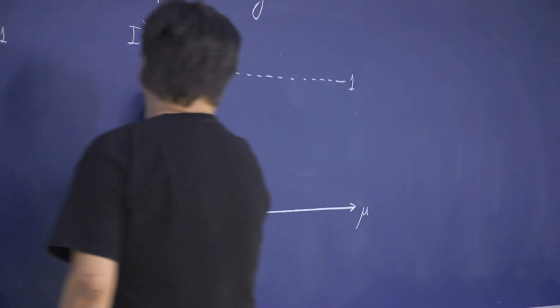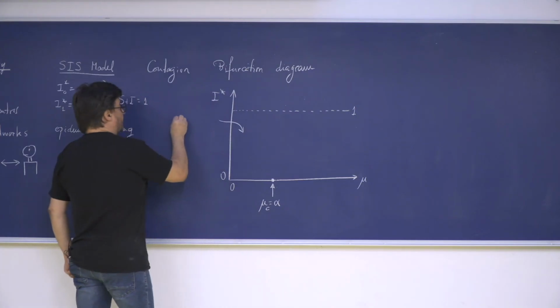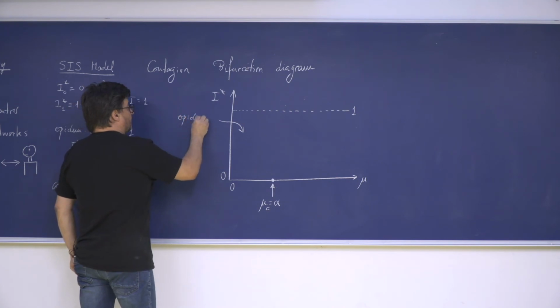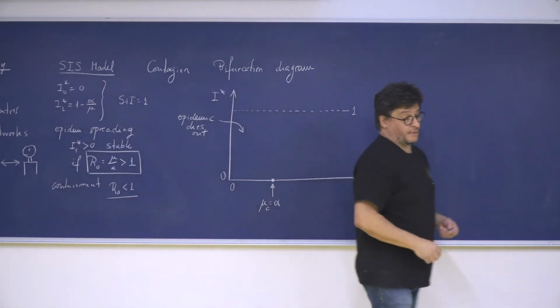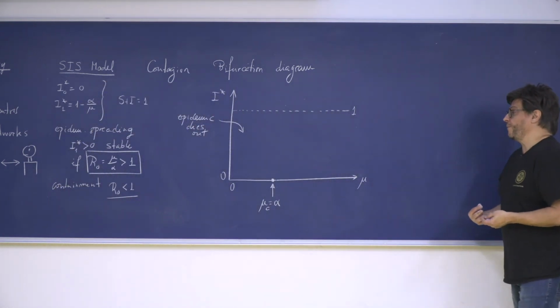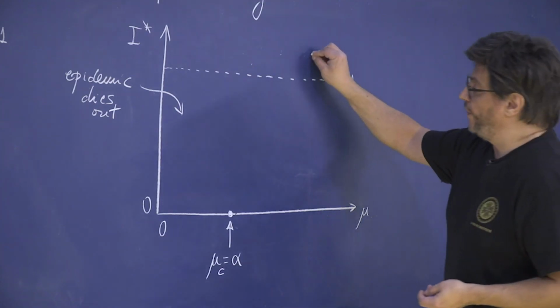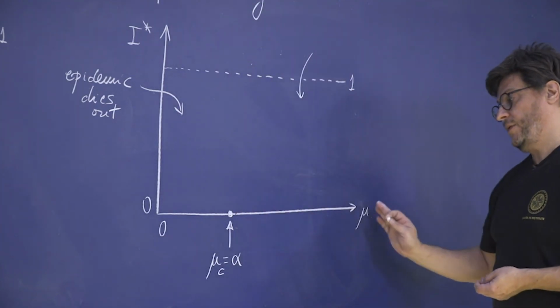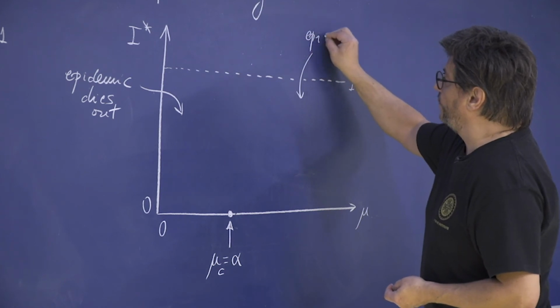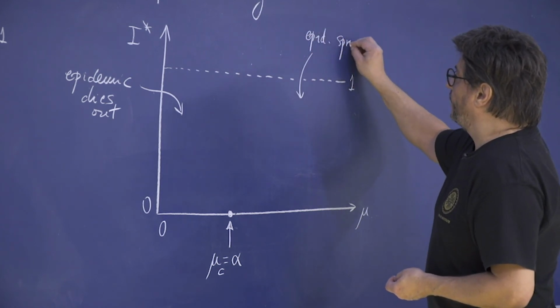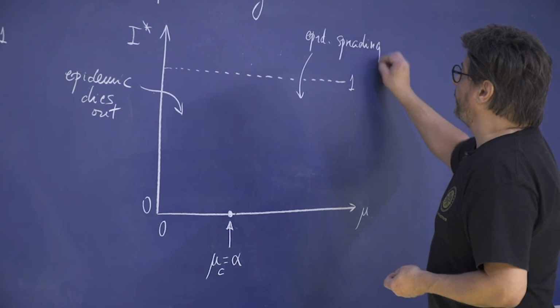In one side, here, that defines epidemic dies out. It cannot propagate, right? Whereas in this part here, when I'm in this domain, I have epidemic spreading, okay?